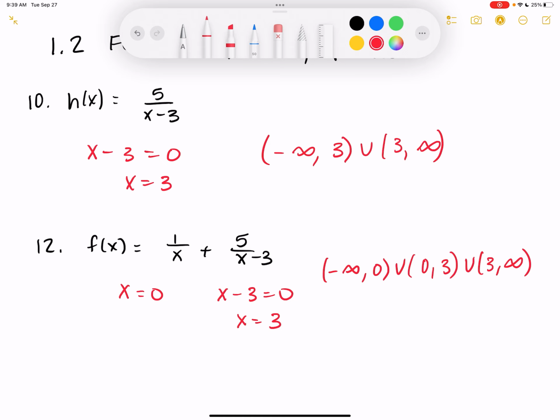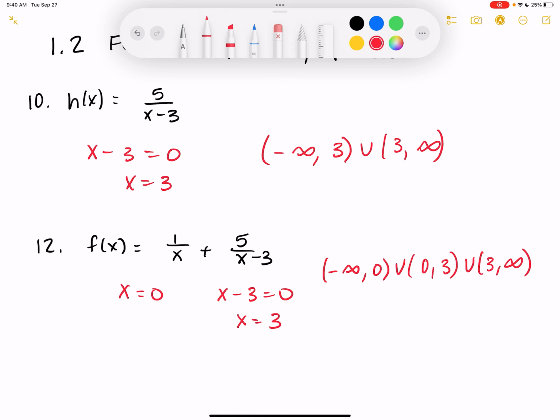So the numbers you can't have are 0 and 3? Yes. But I've accounted for all other numbers in those intervals. So I'm just looking at the union. So the negative infinity is everything before 0, up to it, but not touching 0.